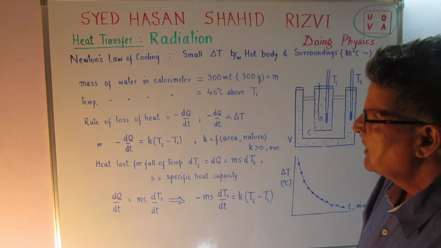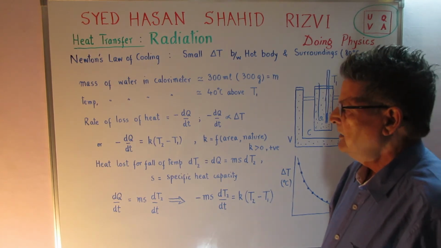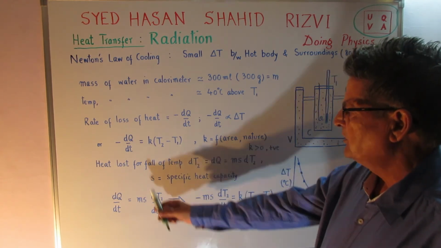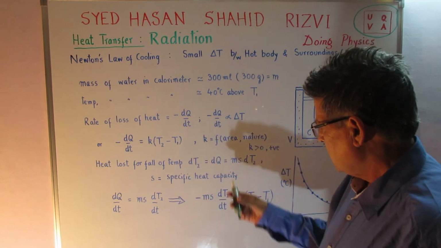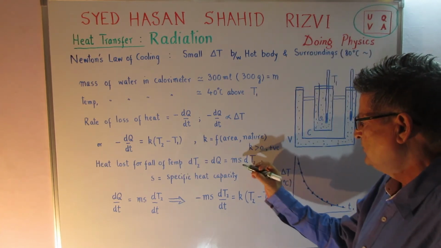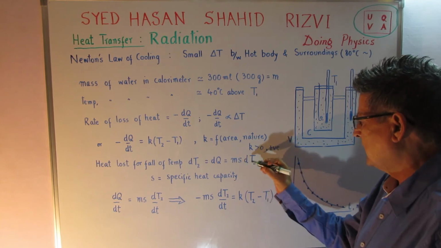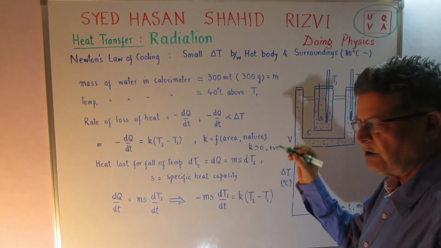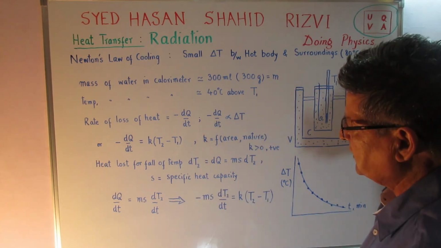Okay, so when we build up our description, the heat loss for a fall of temperature, say dT2, is equal to dQ. How much will it be? The mass multiplied by the specific heat capacity s multiplied by dT2, the change in temperature. s is the specific heat capacity.